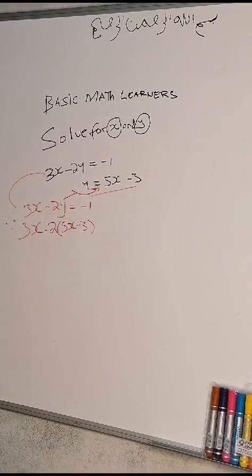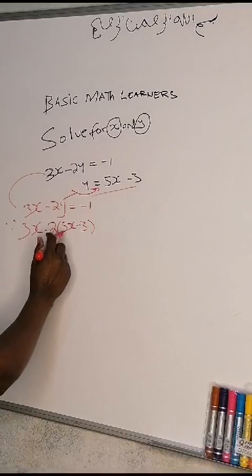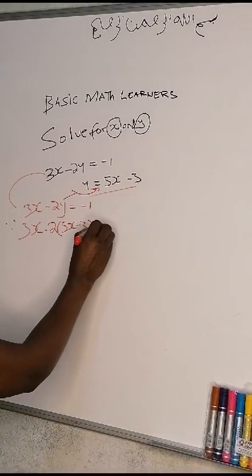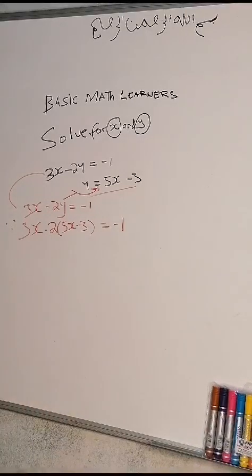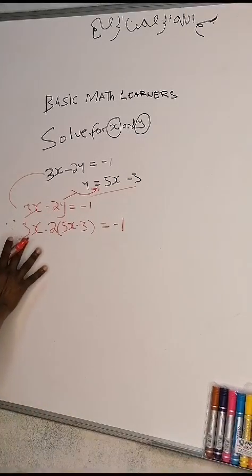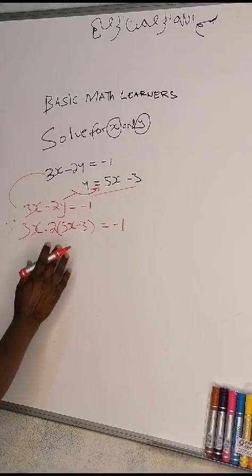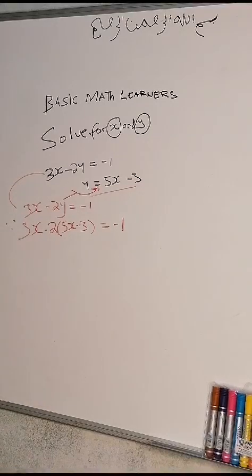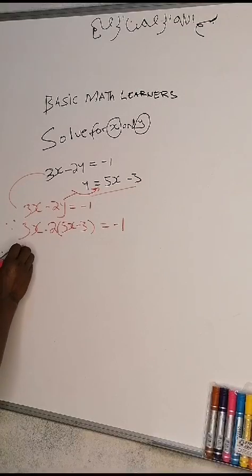Whenever you substitute in something, you must remember to bracket what you put in that position. Always, it's necessary. Equals minus 1. Now you have got an equation which has only one variable, which is an x. Good. Now, let's find the value of x.